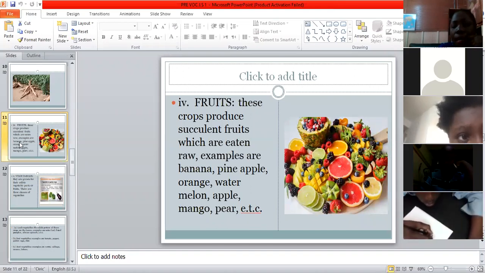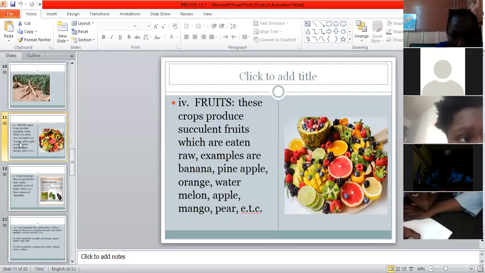Examples of fruits are banana, pineapple, watermelon, mango, pear, strawberry, oranges, guava. We have so many examples of fruits, and we have a lot in season. Some of these fruits, you can get them all through the year, while some have a particular period of time when you see them in the market.